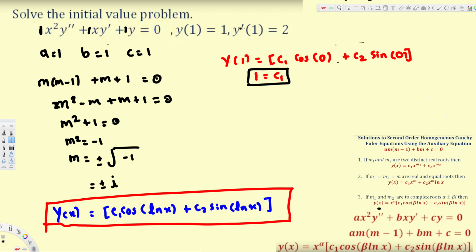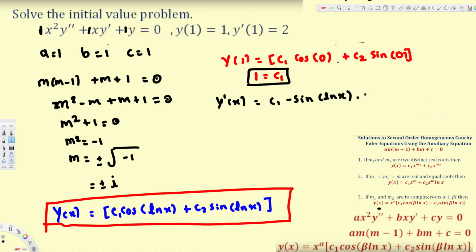And now we have to find the derivative of this. The derivative of cos is negative sine, so here we are going to have c1 times negative sine of ln x, and this is going to be a chain rule.